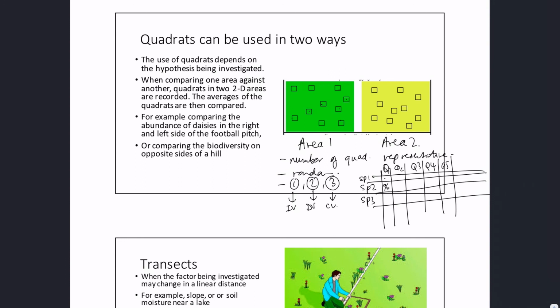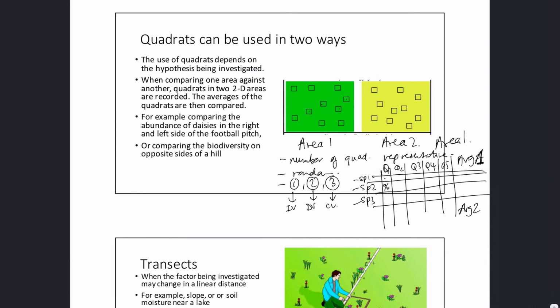If you're doing area 1 versus area 2, you're going to have this for area 1, and you calculate averages of each of the things across all the quadrats. Then on a separate table, you're going to have averages for all these same things for area 2.